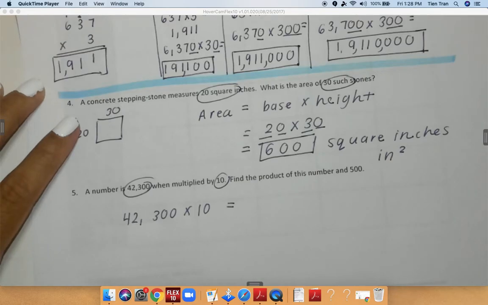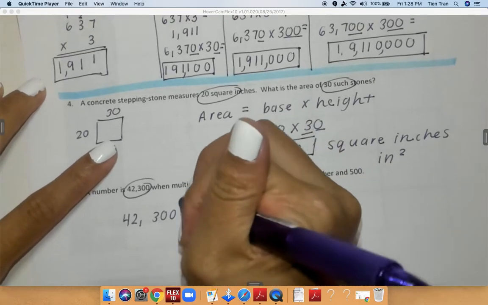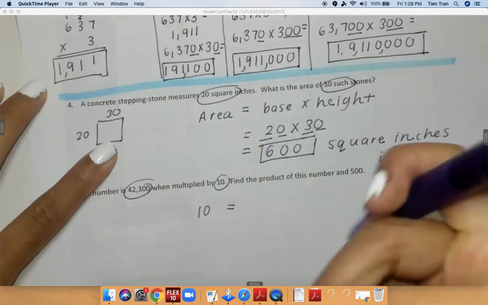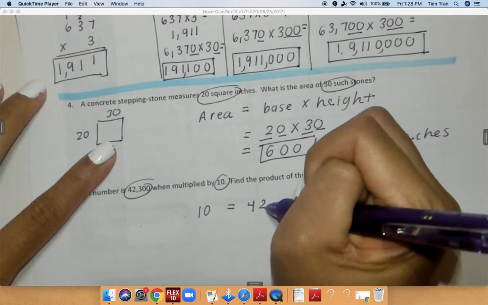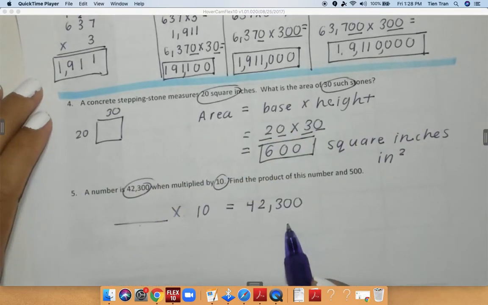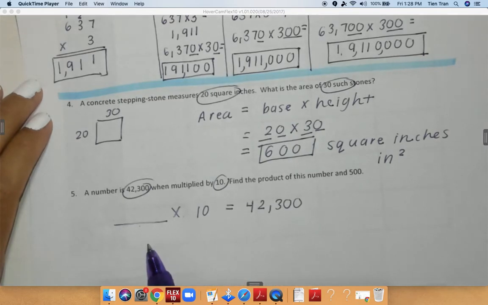Oh, wait. Sorry. 42,300 is the answer. So they're doing this backwards. You have 42,300, and a number multiplied is what you get. So they're asking you what is this number.